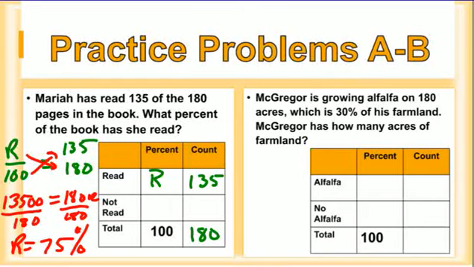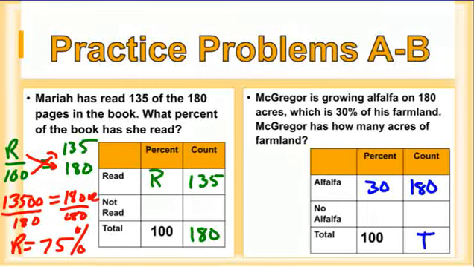Next one, McGregor is growing alfalfa on 180 acres, which is 30% of his farmland. McGregor has how many acres of farmland? So the actual count, 180 acres, and that's 30% of his total farmland. We need to find the total acres of farmland that he's got.